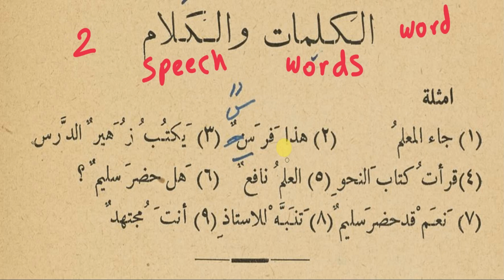Now, in the way we use the language, some sentences, when written, are 1 word. If you look at this one here, تنبه, this is a command which says pay attention. If you're talking to someone and you say just this 1 word, تنبه, pay attention, he will understand.